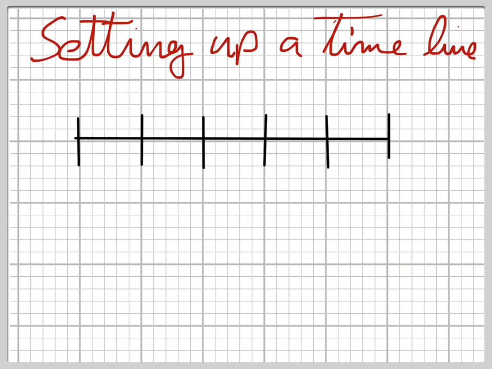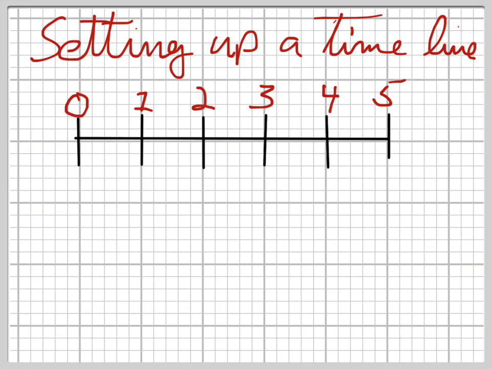On top of those tick marks, we indicate the time period. We always start at time 0. Time 0 represents today, or time 0 represents a reference point for a present value. So there's time 0, 1, 2, 3, 4, 5, and so on.